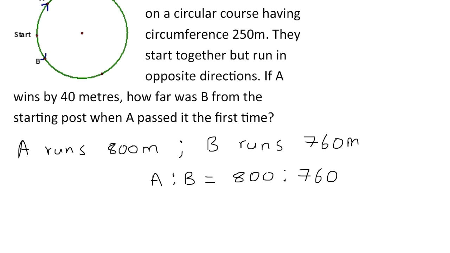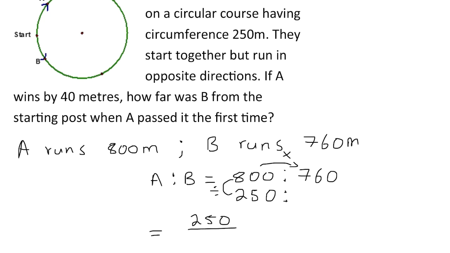Now if we put 250 here as the circumference of the circle, we can divide going up and multiply across. So this means that after A runs 250, B will run some distance that is less than 250.